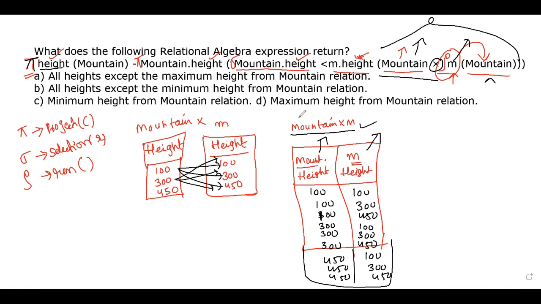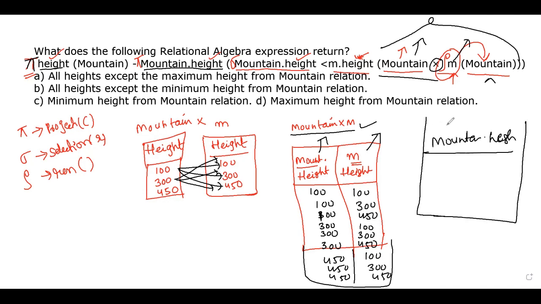They are asking about the column values, because it is called mountain, with this projection operator. So mountain dot height is less than M dot height. Mountain dot height is 100, 100, 100 and M dot height is 100, 300, 450.